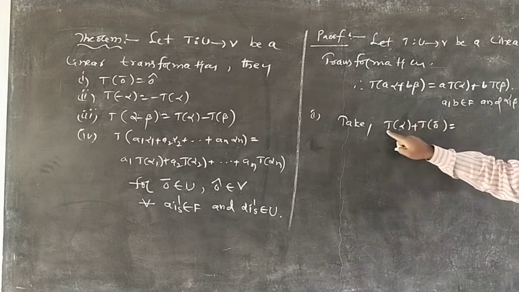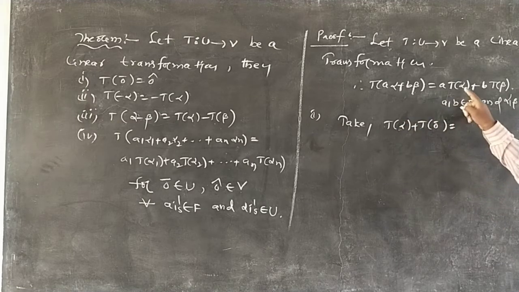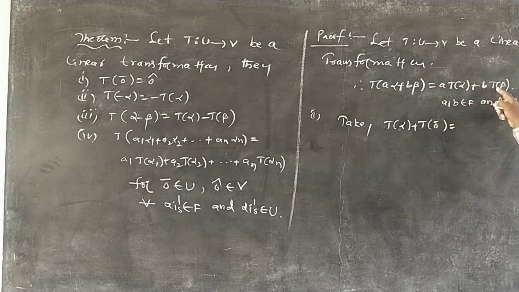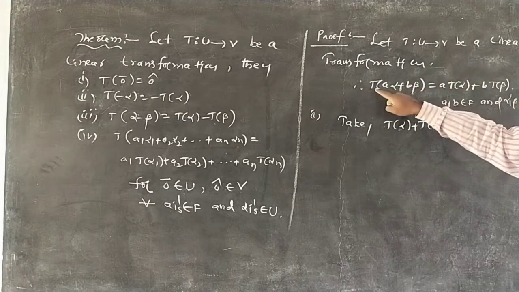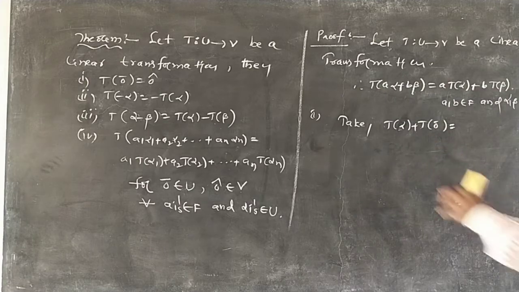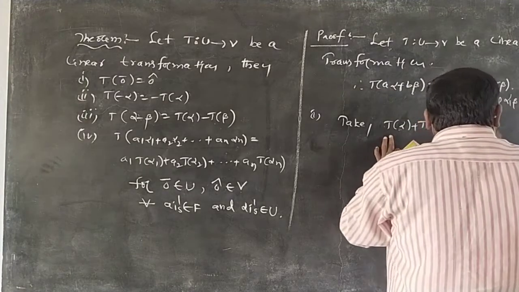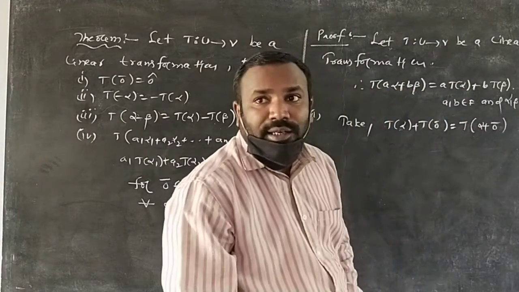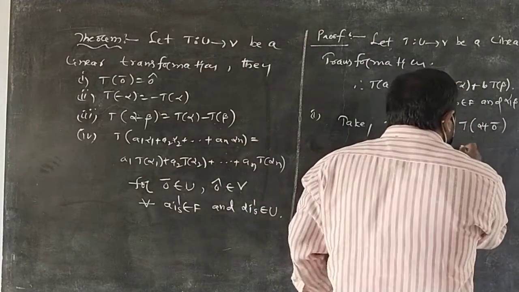T is a linear transformation, you can make use of this: A into T of alpha plus B into T of beta can be written as T of A alpha plus B beta. So this can be written as T of alpha plus 0 bar, that equals T of alpha.